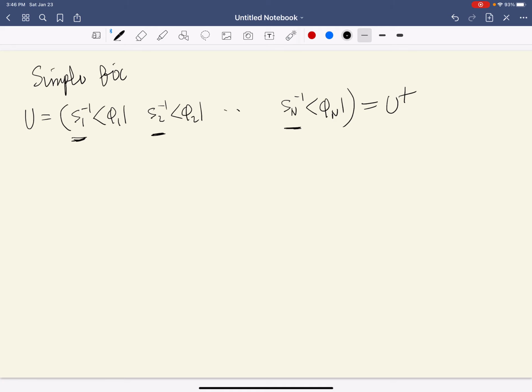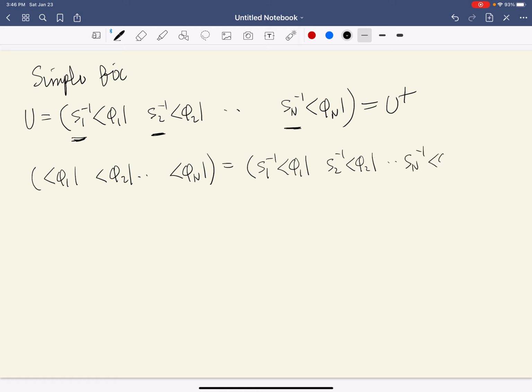But if you think just for a little bit, then you realize that this is actually S1 inverse phi 1, S2 inverse phi 2, etc., Sn inverse phi n, multiplying S1, S2, etc., Sn.